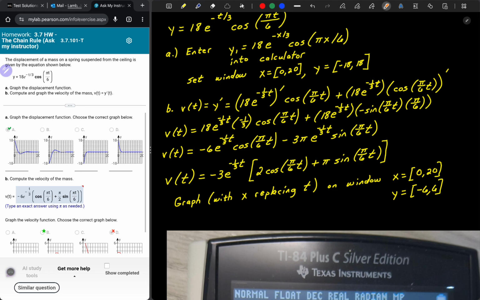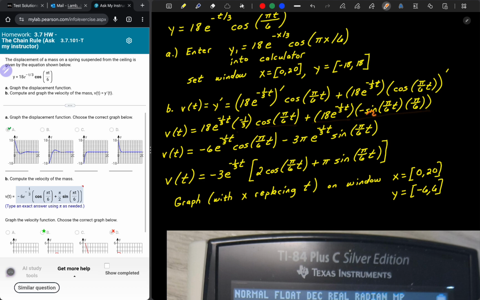That more easily allows me to see that the derivative of the inside part is just negative 1/3. So the derivative of that exponential function is 18e to the negative 1/3 t times the derivative of the exponent, negative 1/3. All of this is times the second plus the first, now times the derivative of the second.